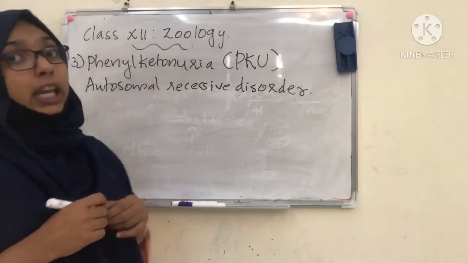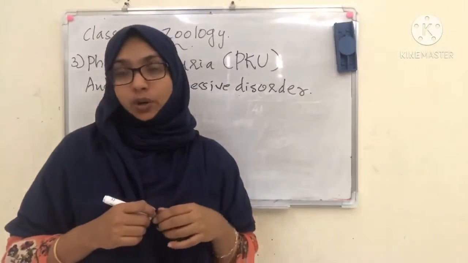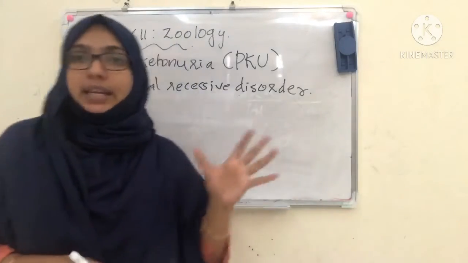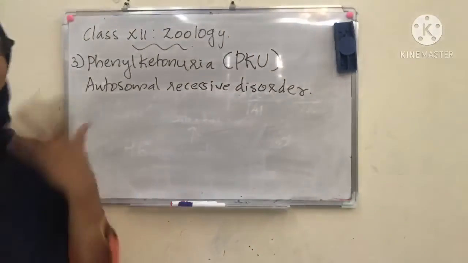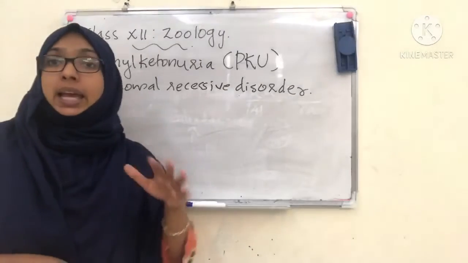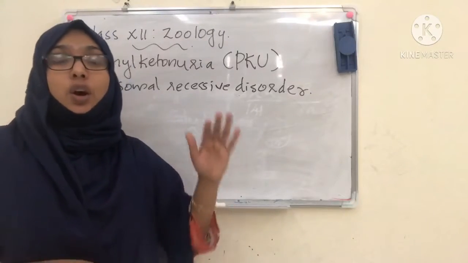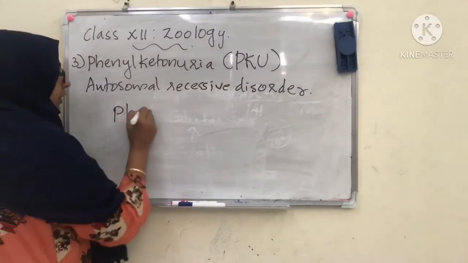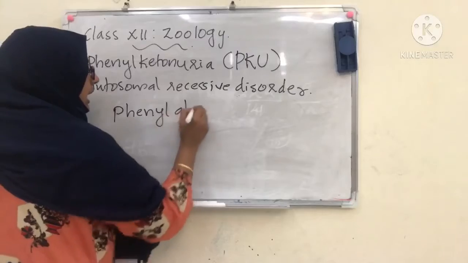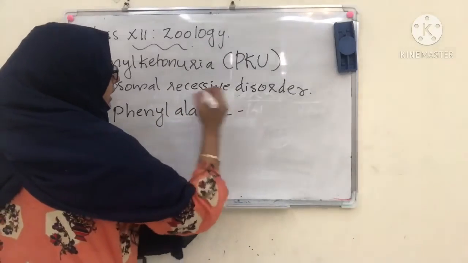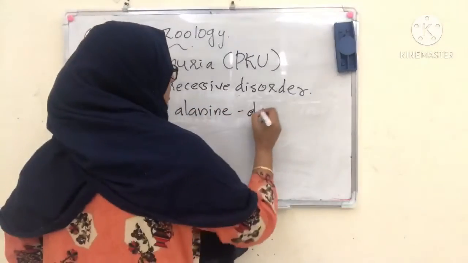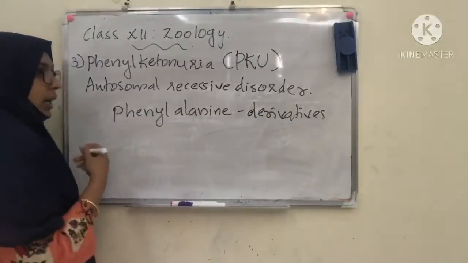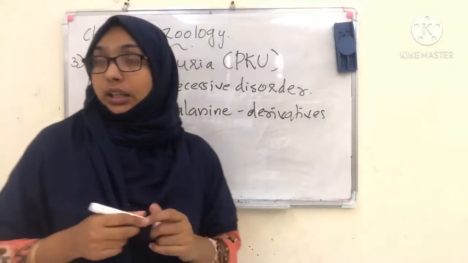Moreover, it is an inborn error of metabolism or inborn metabolic error disease. Okay, it's an inborn disease. It is characterized by the excessive accumulation of phenylalanine and its derivatives in the cerebrospinal fluid, in the blood and in the lymph and all.